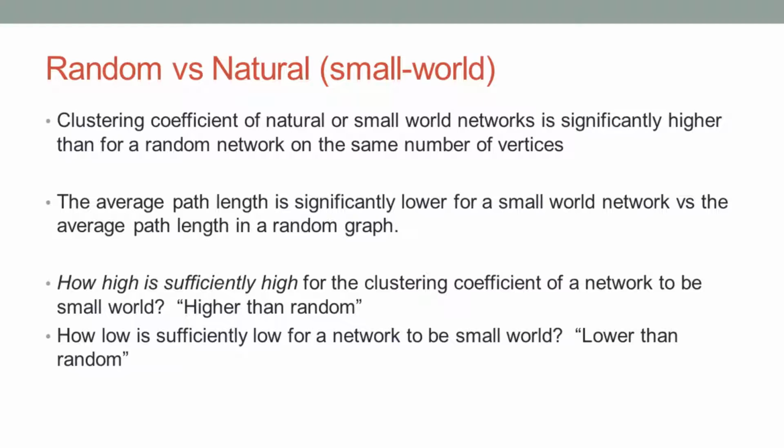That is also true for the average path length. The average path length should be lower than what you would get if you took a random graph on the same number of vertices. So this concludes our lecture on random graphs and another look at small world graphs using the Watts-Strogatz model.